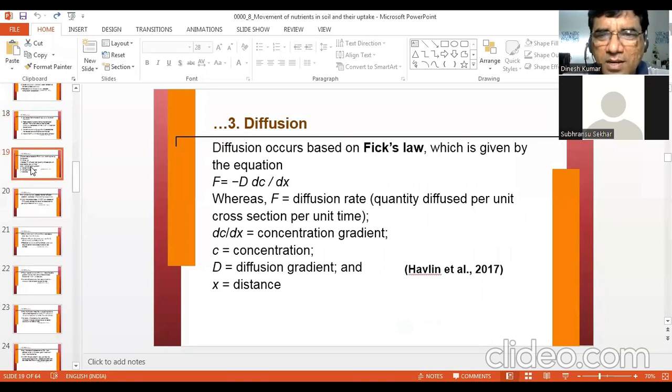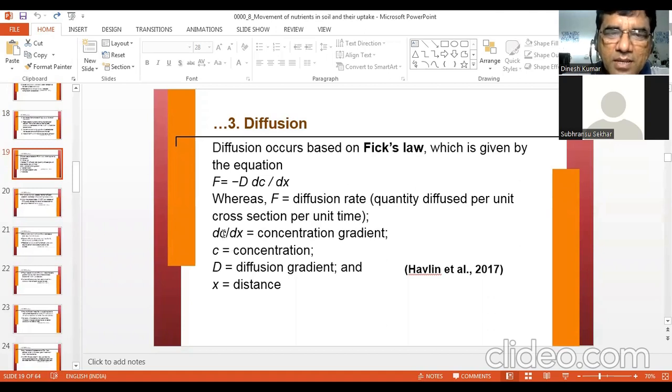Now, diffusion occurs based on Fick's law, which is given by the equation F is equal to minus D dC upon dx. This means, what are the factors that will affect the diffusion. F is the rate of diffusion, or quantity diffused per unit cross section per unit time. dC/dx is the concentration gradient, the difference in concentration over distance.